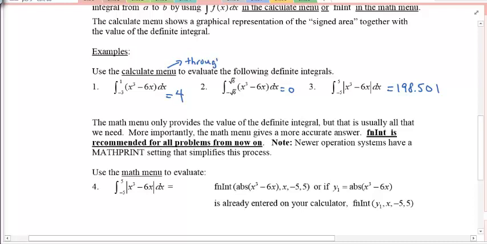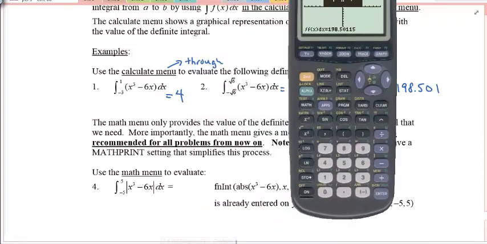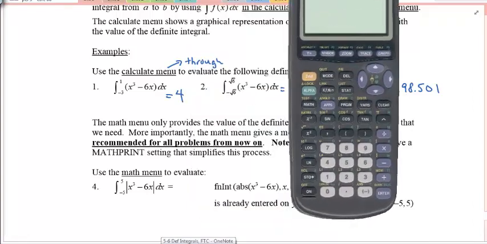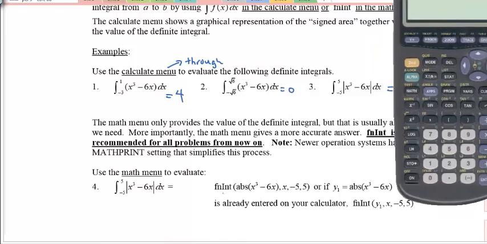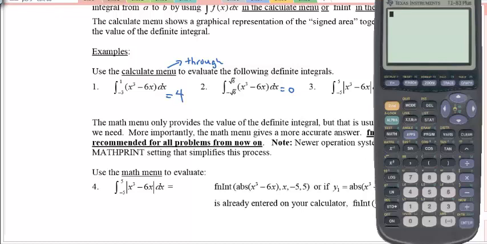We can also use the math menu on our calculator to do the same thing. And in the math menu, we can use this notation called FNINT. So to find that feature on the calculator, you go to math and scroll down to number 9.